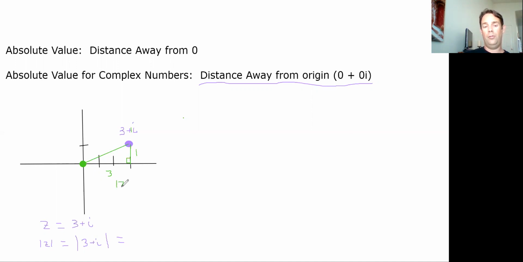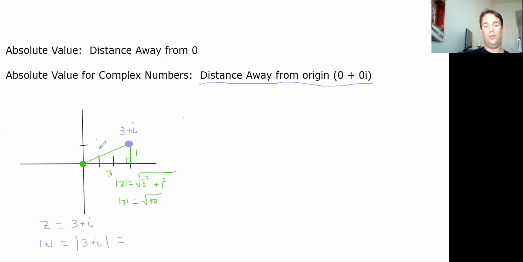So the absolute value is going to be the Pythagorean theorem, A squared plus B squared equals C squared, or the square root of 3 squared plus 1 squared. That means the absolute value would be the square root of 10.